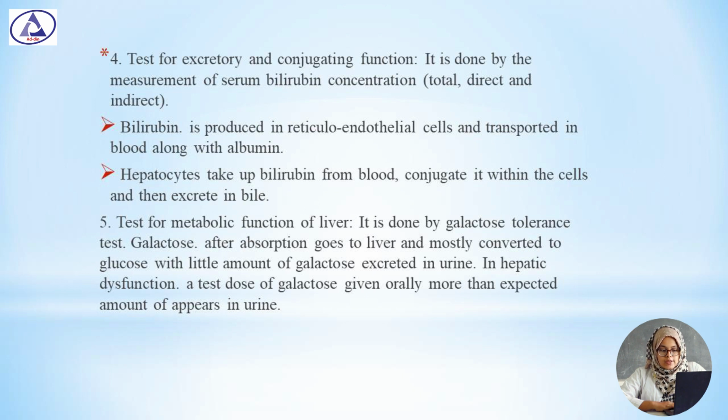It is done by galactose tolerance test. Galactose after absorption goes to liver and mostly converted to glucose, with little amount of galactose excreted in urine. In hepatic dysfunction, after a test dose of galactose given orally, more than expected amount appears in urine.